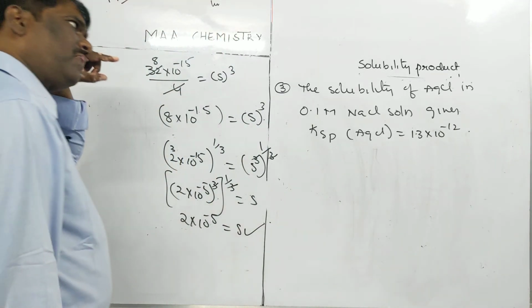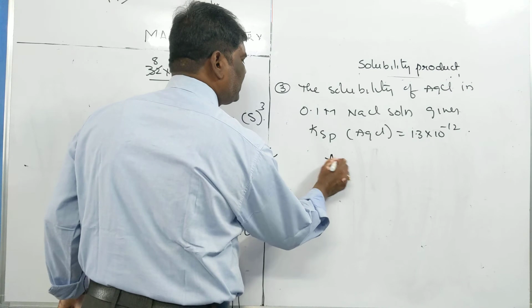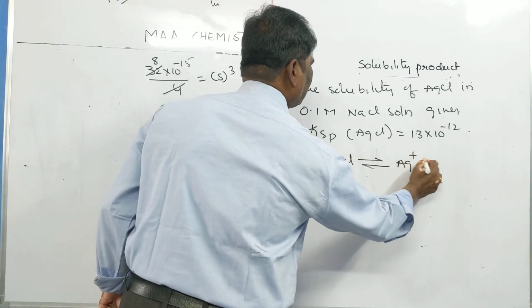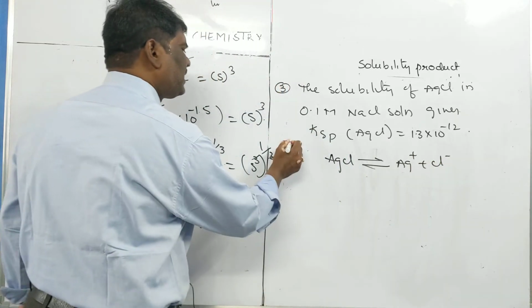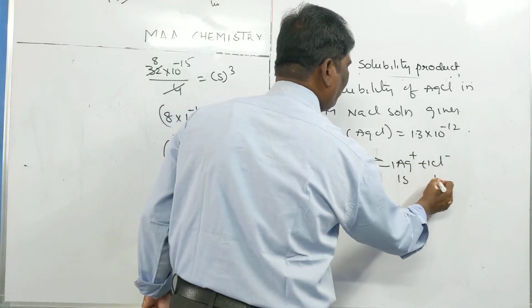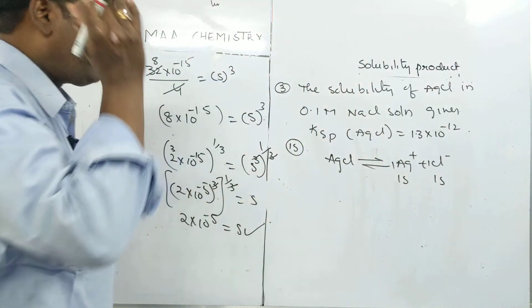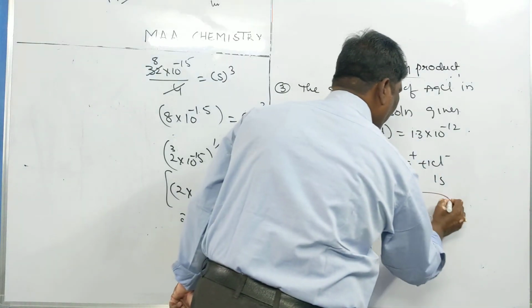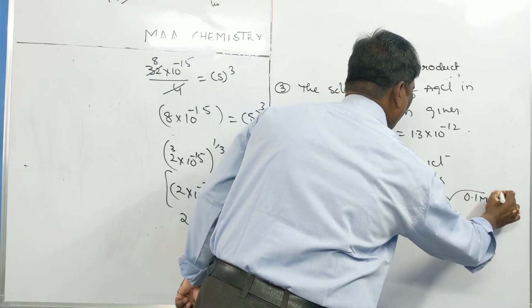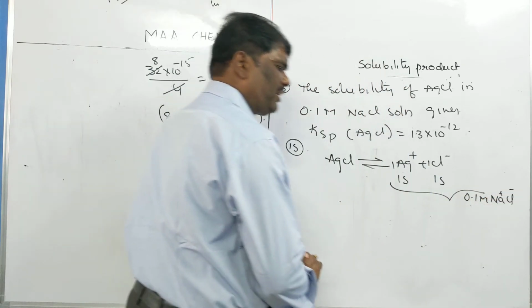First of all, you split AgCl into Ag⁺ and Cl⁻. Let us consider solubility is S. So this becomes 1S, this becomes 1S. Now this time I am adding 0.1 molar NaCl. Can you tell me, is there any common factor?